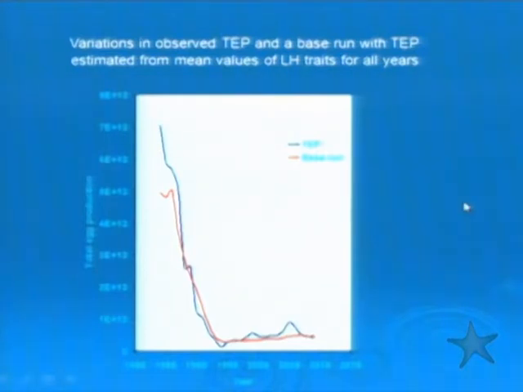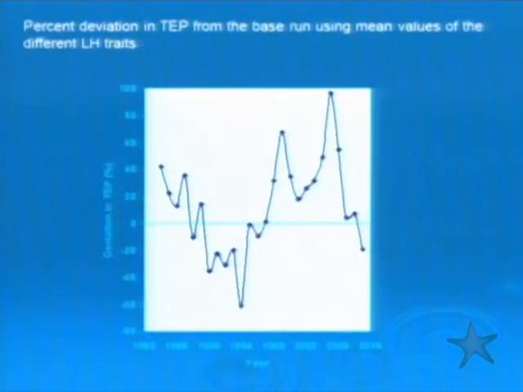If we divide the two to get an index of how the total egg production changed over time, we see that it could be between -60 and +100% of the mean value during the old period. So you can have very large changes in the total egg production on a relative basis over time.